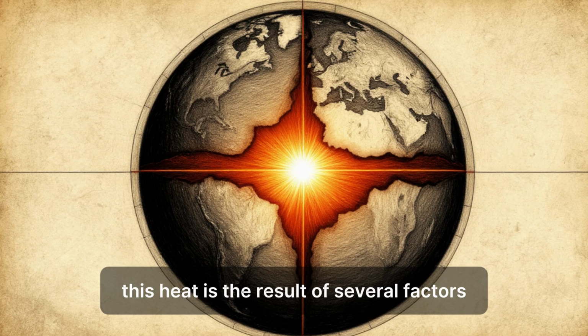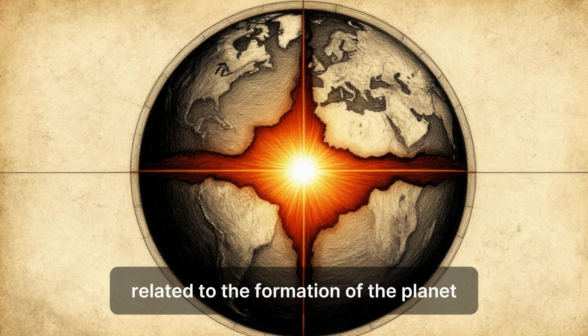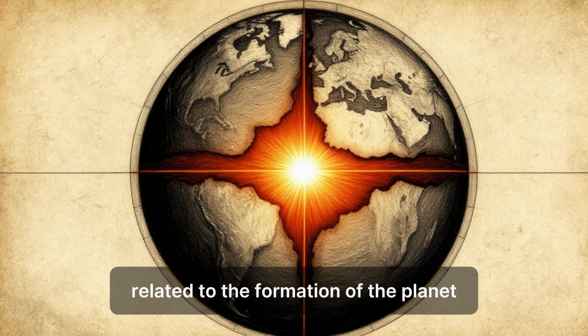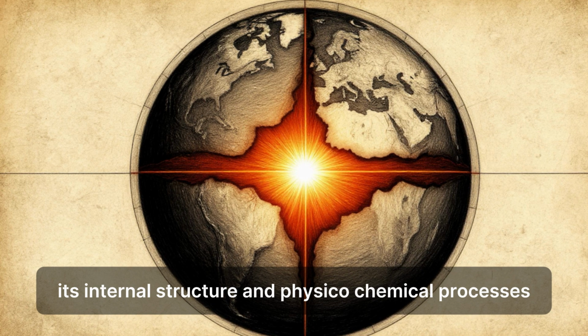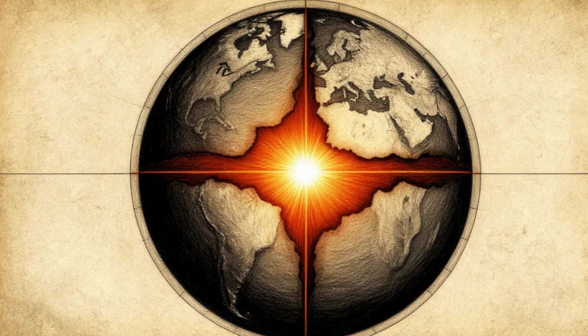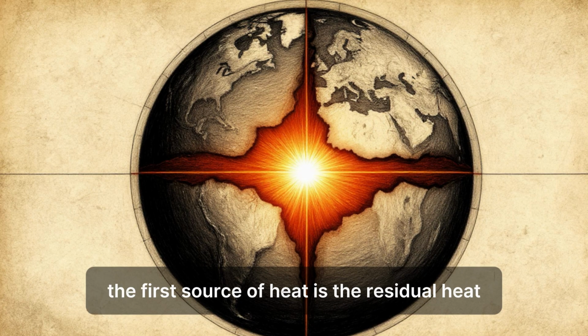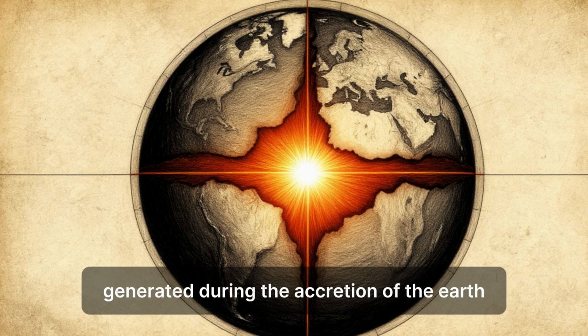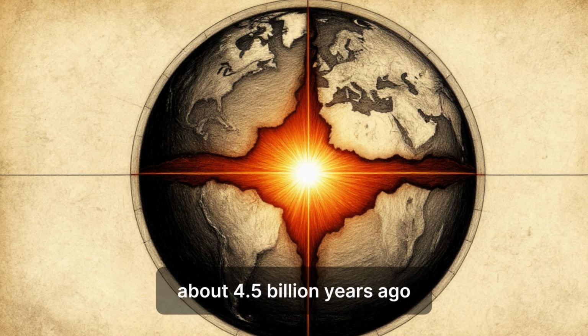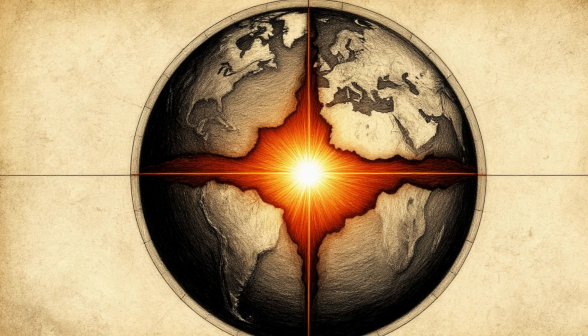This heat is the result of several factors related to the formation of the planet, its internal structure, and physico-chemical processes. The first source of heat is the residual heat generated during the accretion of the Earth, about 4.5 billion years ago.